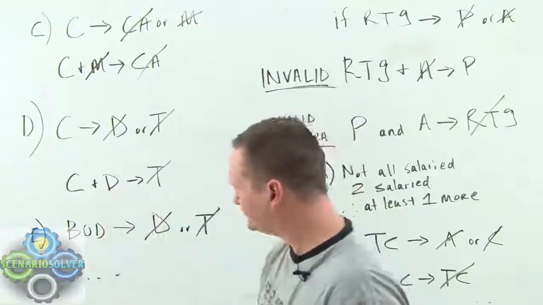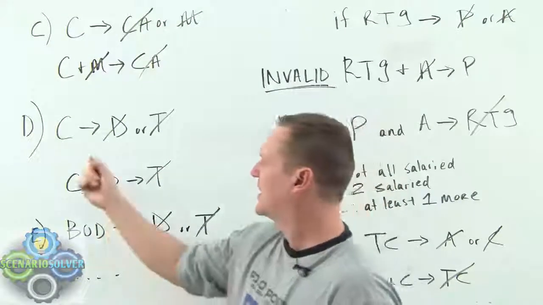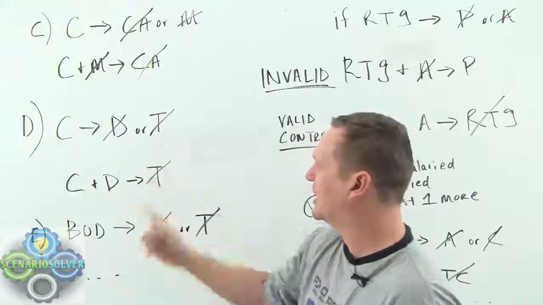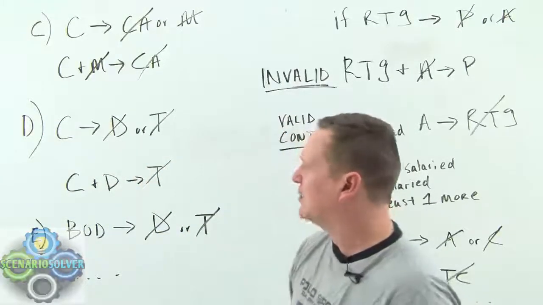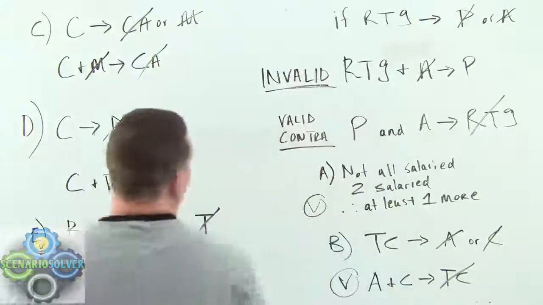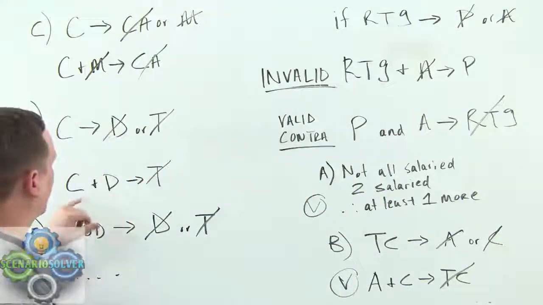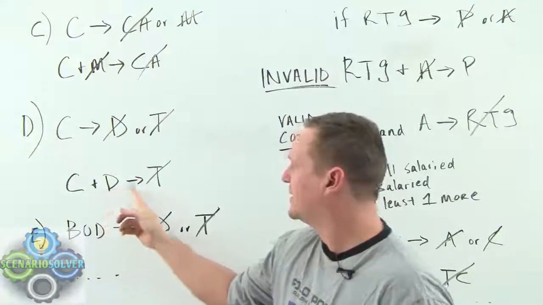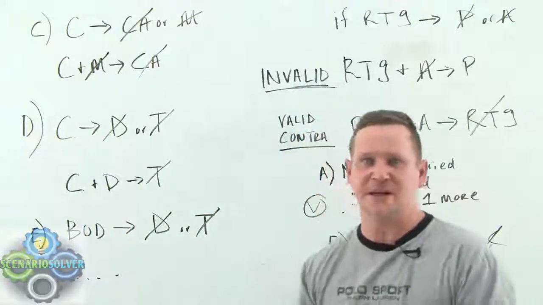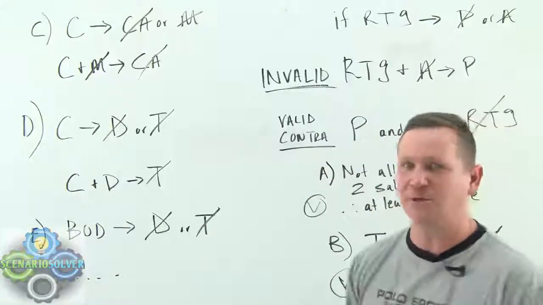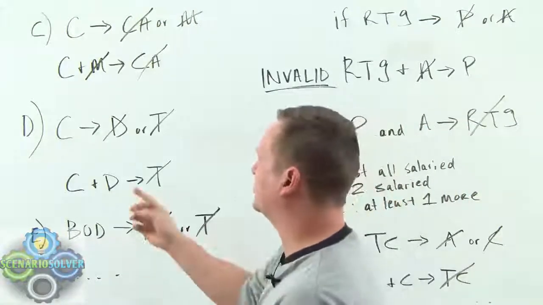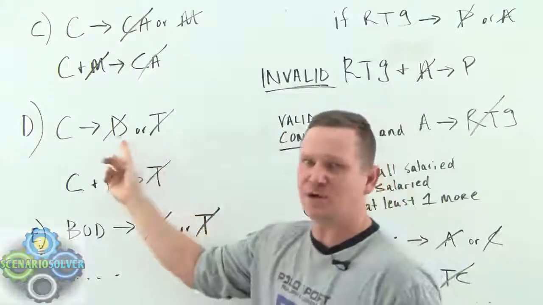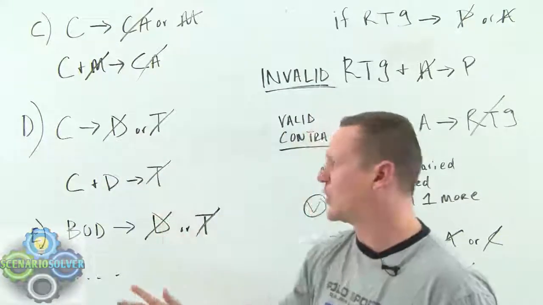Let's look at D, and we have the same thing here that says if you're C, then you're not D or you're not T, and then we have this thing that says there's C and D, then we know it's not T. And is that valid? Absolutely, that's valid, because in this situation you have to be either neither of them or just one of them.